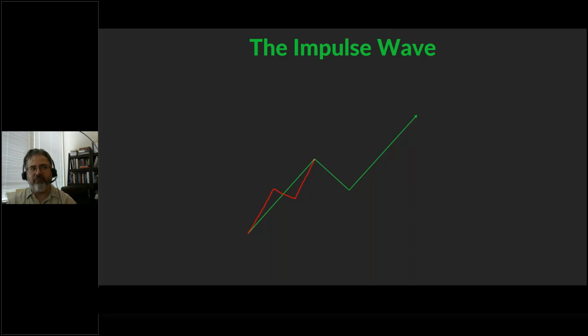But he talks a lot about fractals, and if you zoom in on different time frames, you see the same pattern. So the idea is that this leg up here actually has this impulse wave in between it. And in fact, if you were to zoom down here, this leg up also has it, and you see that, right?